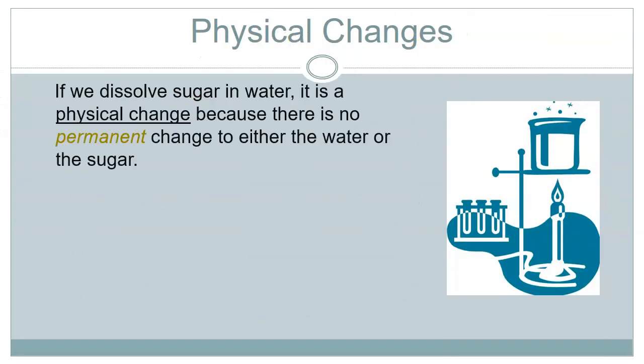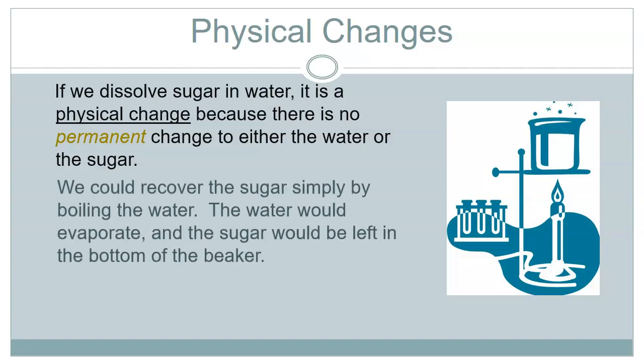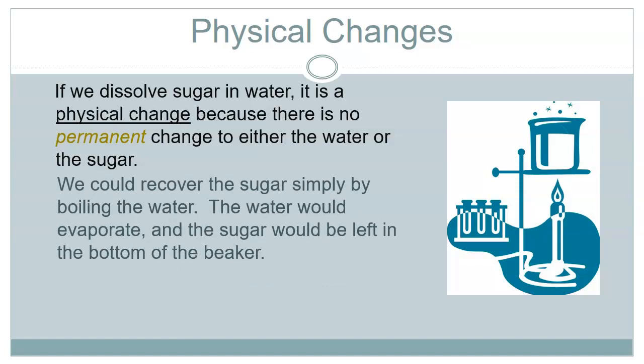So if you take sugar and you put it into a glass of boiling water and you dissolve that sugar, stir it up, let it dissolve, that is a physical change. There's been no permanent change either way. We can actually recover the sugar. We can get the sugar back again. All right.